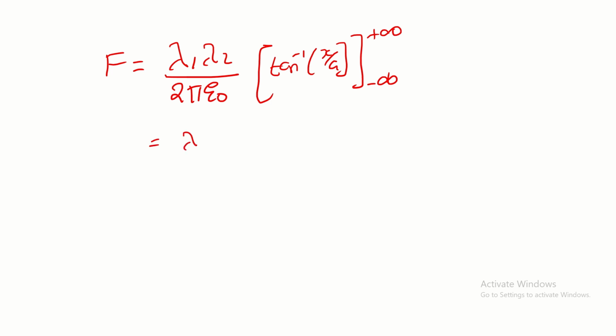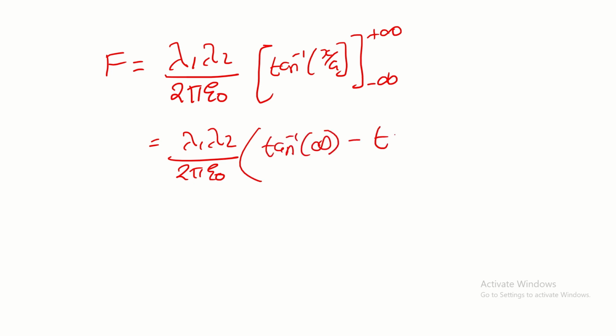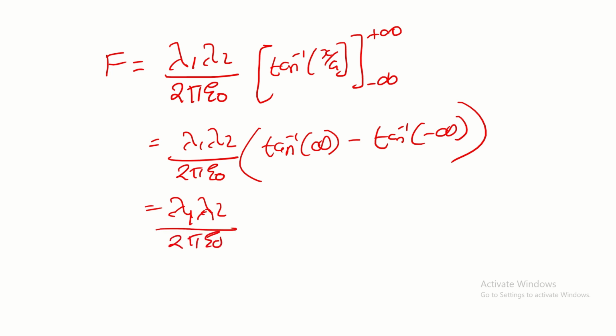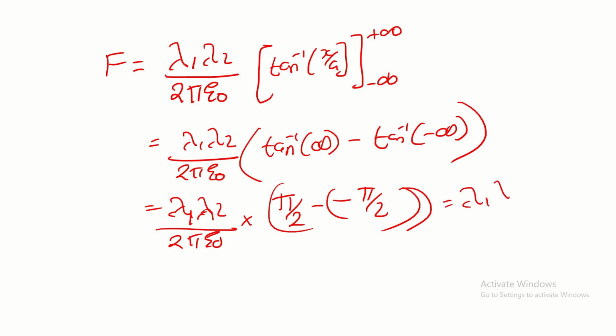So if we put the value, we get lambda 1 lambda 2 by 2 pi epsilon naught into tan inverse of infinity minus tan inverse of negative infinity. Tan inverse infinity is pi by 2, tan inverse minus infinity is minus pi by 2. So we get lambda 1 lambda 2 by 2 pi epsilon naught into pi by 2 plus pi by 2 equal to pi.